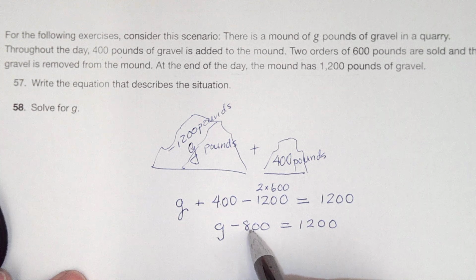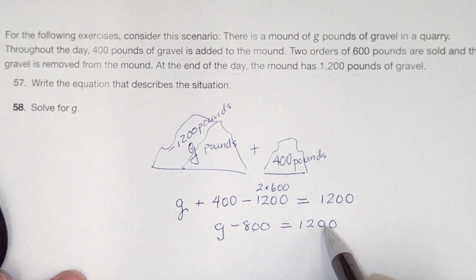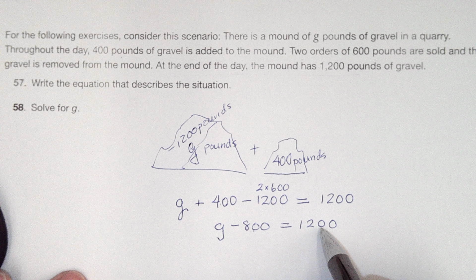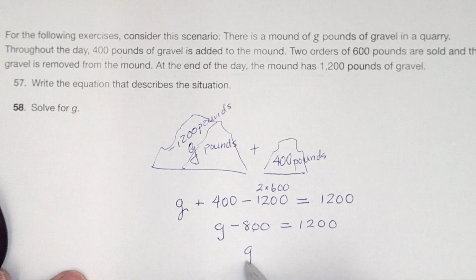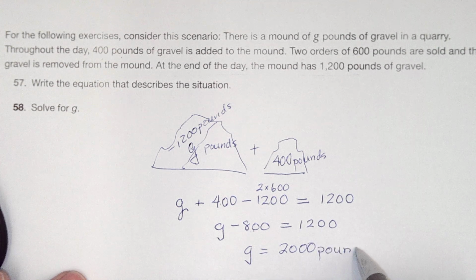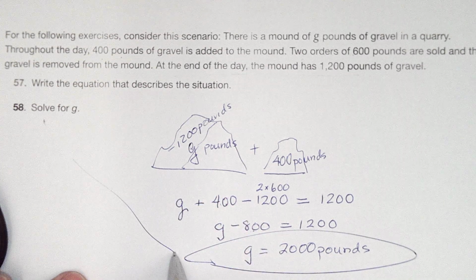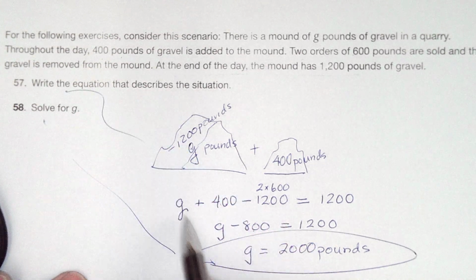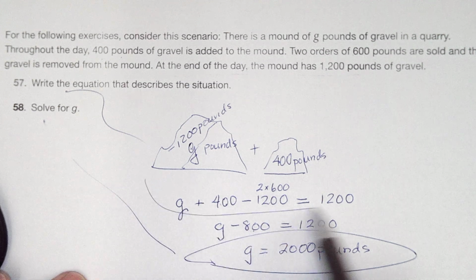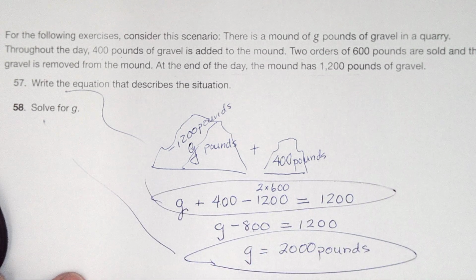So if we add in what was taken away net, we get that the original pile must have been 2,000 pounds. That's the answer to G, or 58, and this is what they were asking us to set up. Okay.